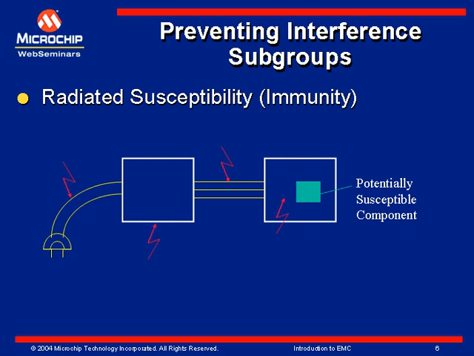In the second case, you have a radiated emission from the first group, and a potentially susceptible component that picks up the noise and is interfered with in normal operation.